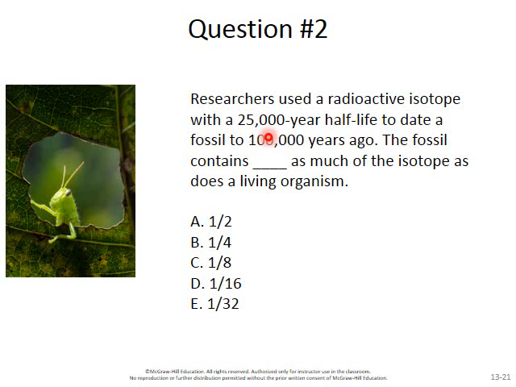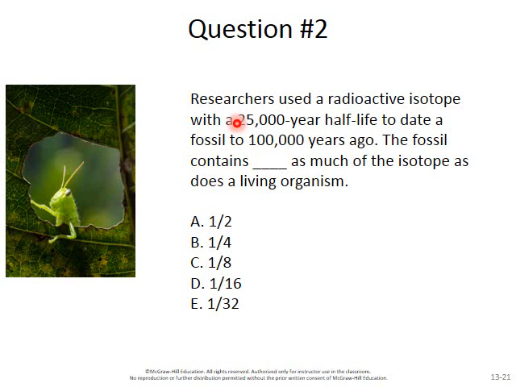That means in the first 25,000 years, half of this isotope remains. Then we go another 25,000 years, so now we have a total of 50,000 years. Another half is gone, so that is now a quarter remaining.